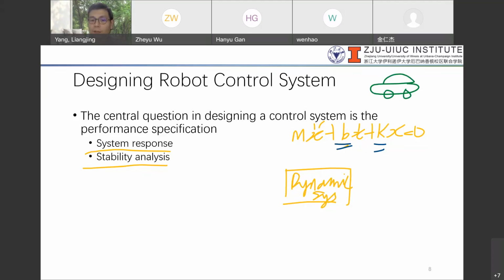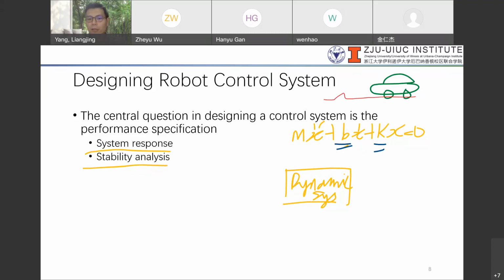When the car travels on this road, sometimes there are bumps that make the passenger uncomfortable with this kind of bumpy vibration.